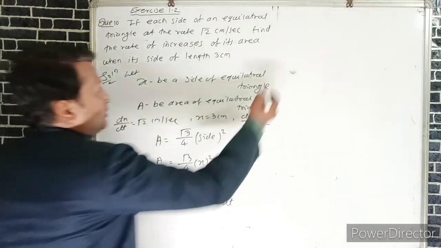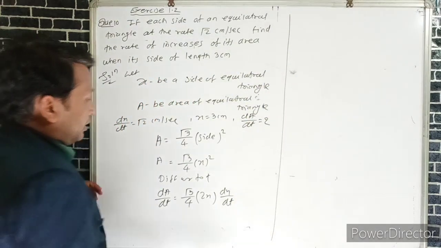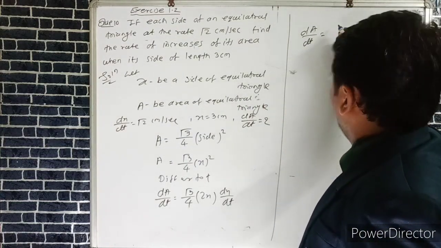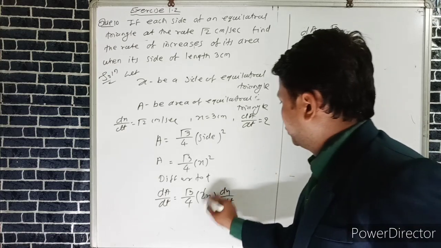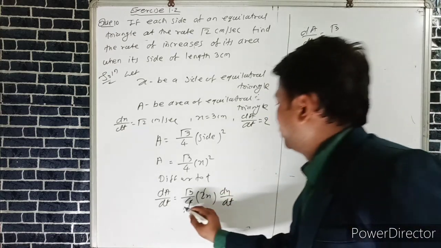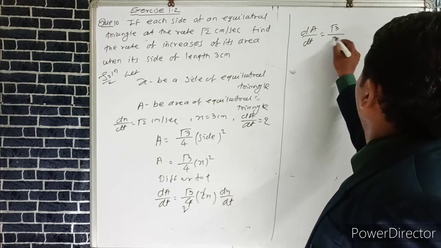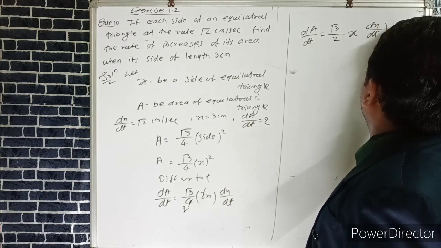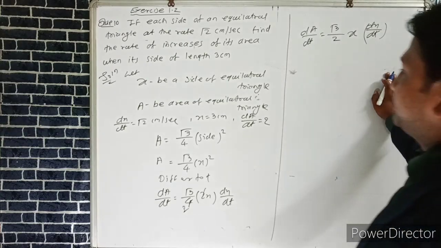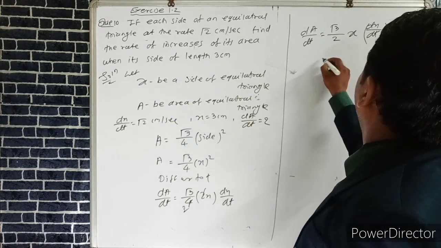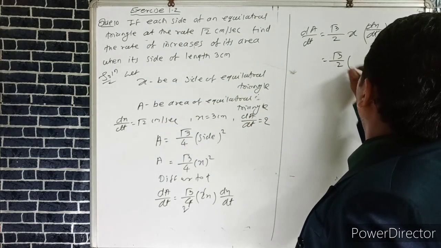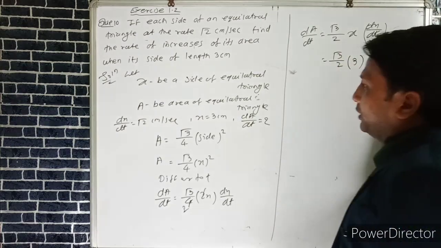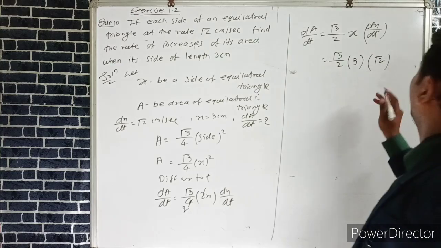So here dA/dt = root 3 into 2 is 1 by 4 into 2, so root 3 by 2 x into dx/dt. Here the value of x is 3 and dx/dt is root 2, so we can write root 3 by 2 into 3 into root 2.